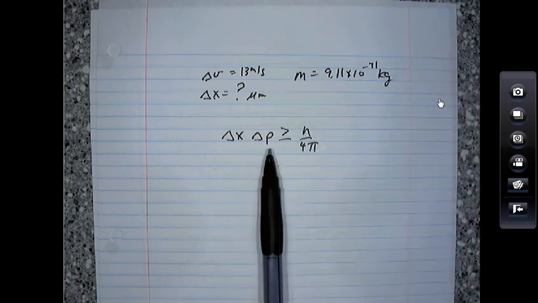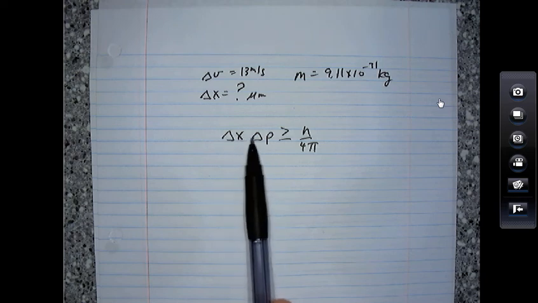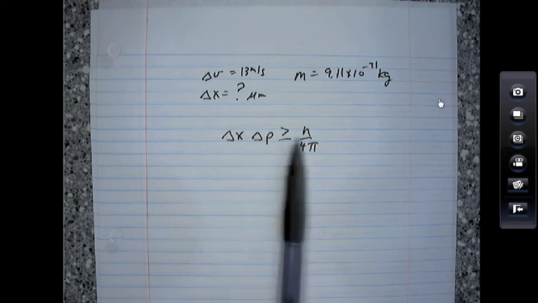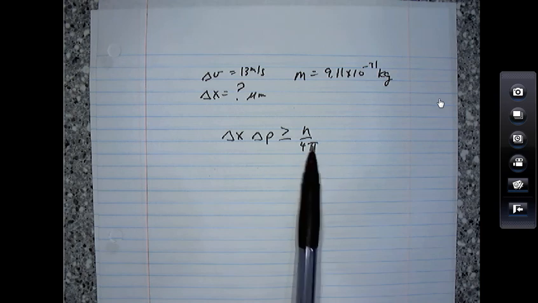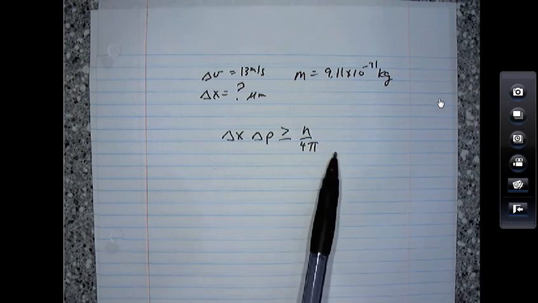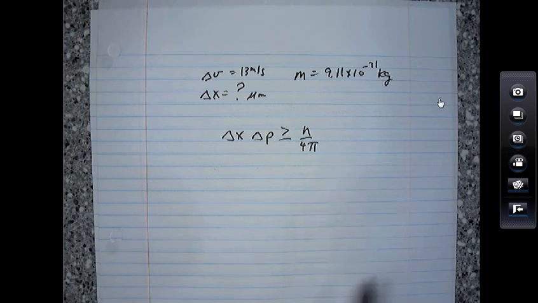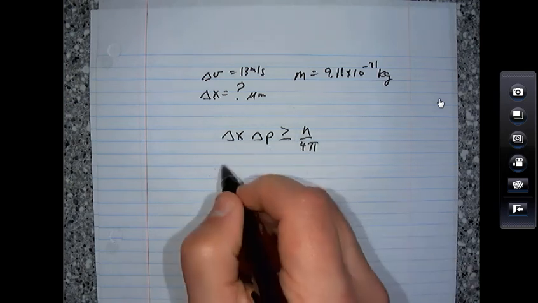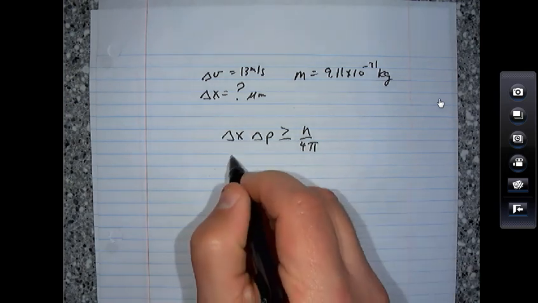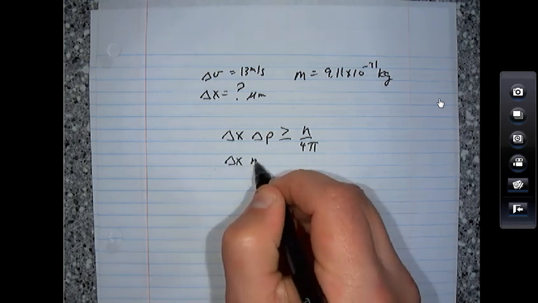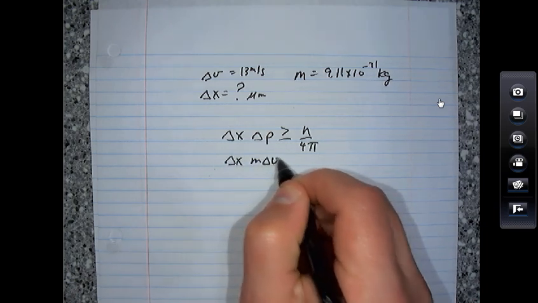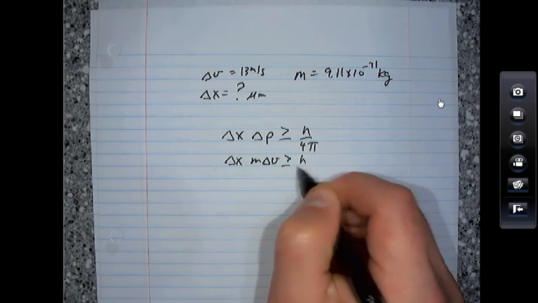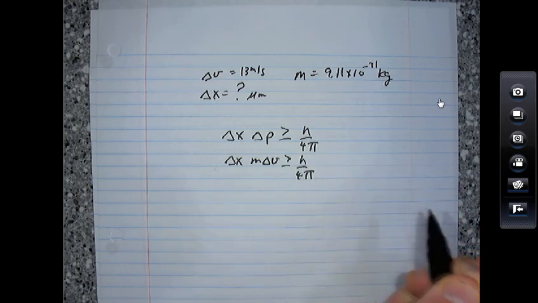And this is the Heisenberg uncertainty principle. Delta x times delta p has to be greater than or equal to h over 4 pi. So this is from section 7 of chapter 28. Take a look at it. It's some pretty interesting stuff. So the uncertainty in the momentum, let's rewrite that as mass times the uncertainty in the speed, greater than or equal to h over 4 pi.